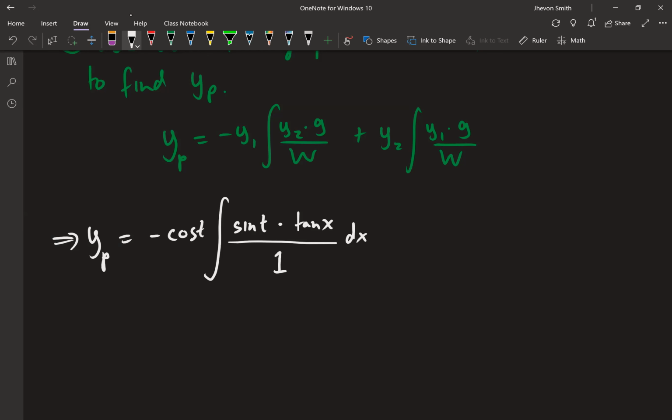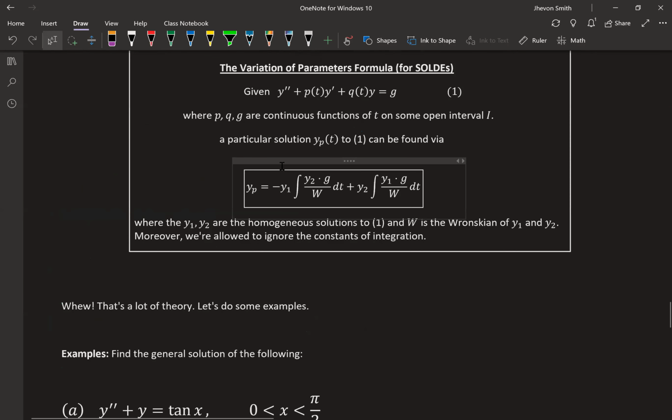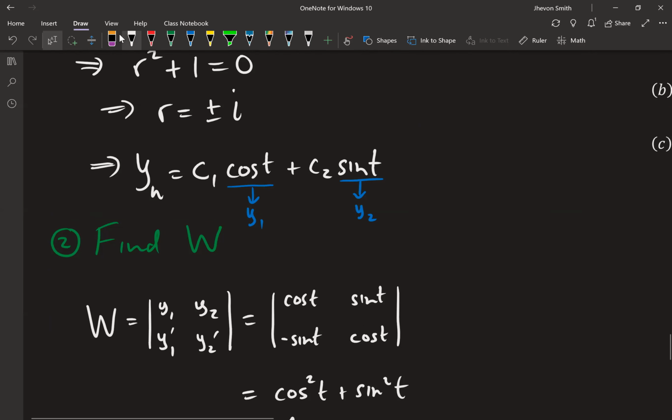And this is actually dx, plus y2, which is sine, times the integral of y1, which is cosine, times g, which is tangent, over the Wronskian, which is 1. And I'm using cosine, I'm using t's. Did I use x before? Yeah, so that was a force of habit. These guys should be x's.